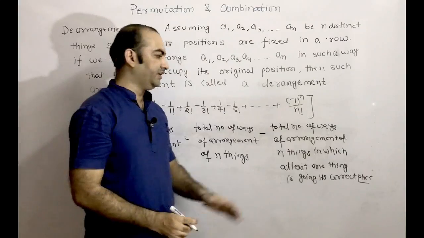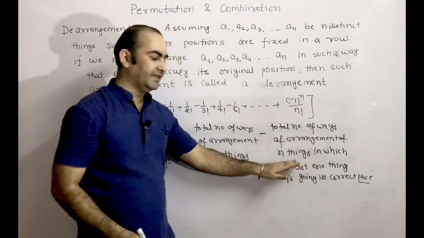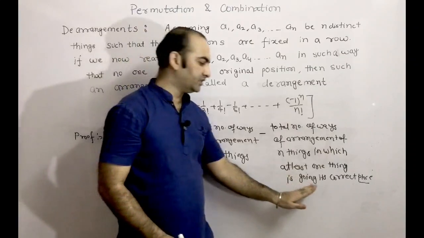So here we are finding the total number of ways of arranging n things in which at least one thing is going to its correct place.